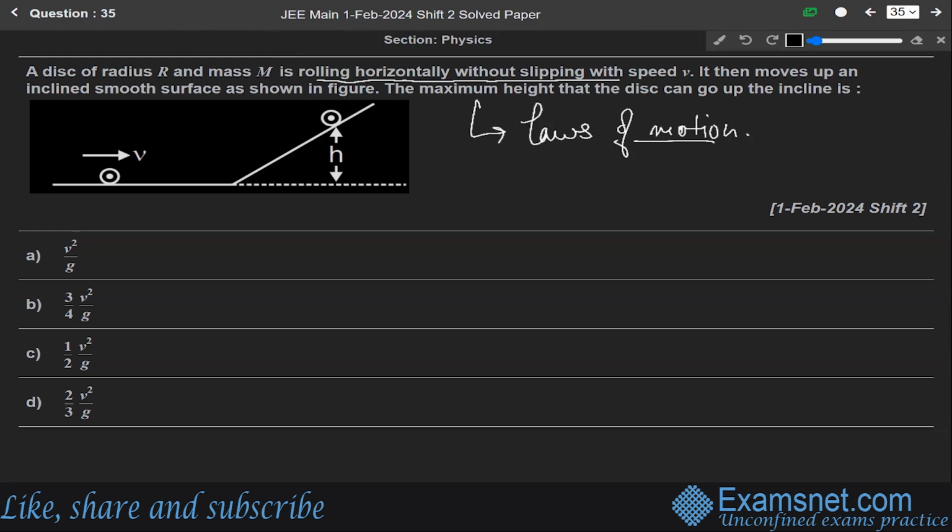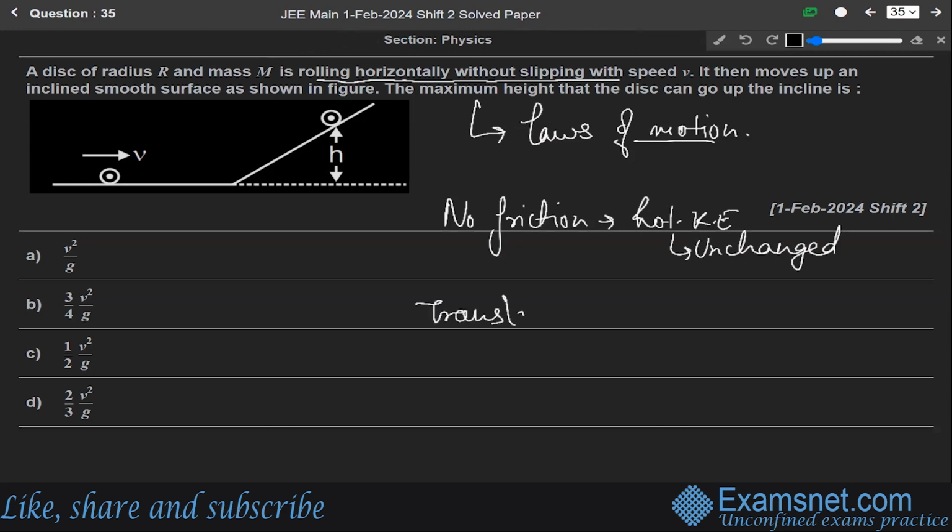So only the translational kinetic energy of the disk changes into gravitational potential energy, and rotational kinetic energy remains unchanged since there is no friction. Only the translational kinetic energy will change into gravitational potential energy.